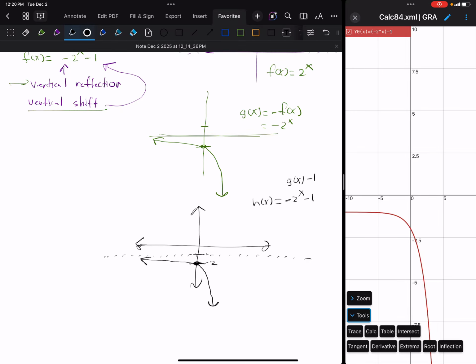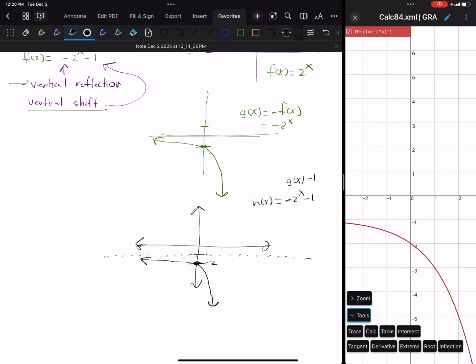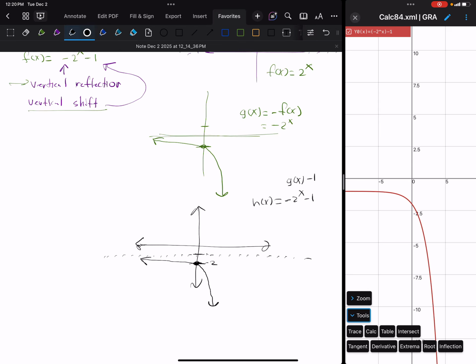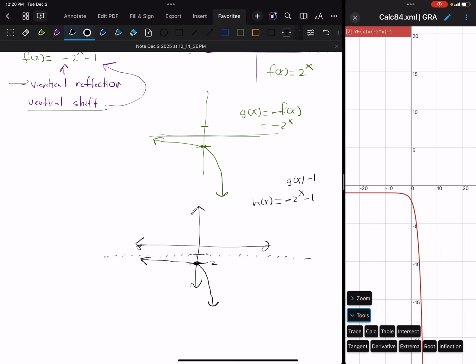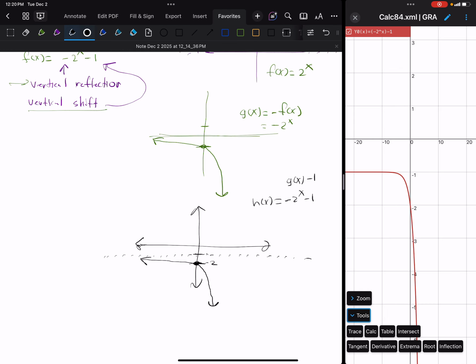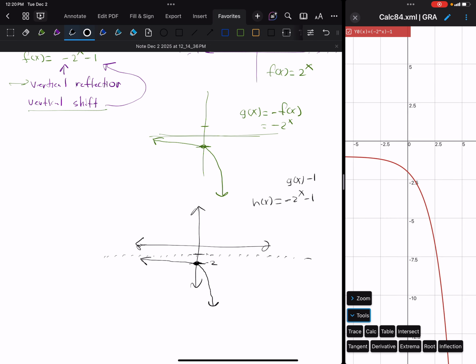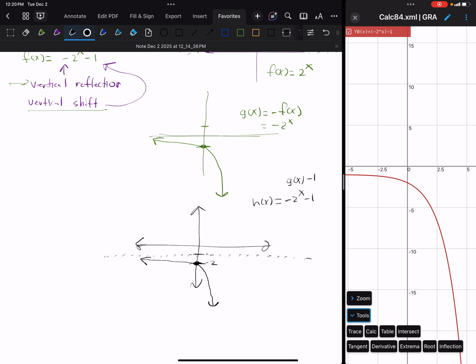And you can see, if we zoom in vertically here, that my y-intercept is negative 2. And if we zoom out horizontally, we can see that the horizontal asymptote is at negative 1, and that the end behavior is, as I showed it, going toward the horizontal asymptote on the left and negative infinity on the right.